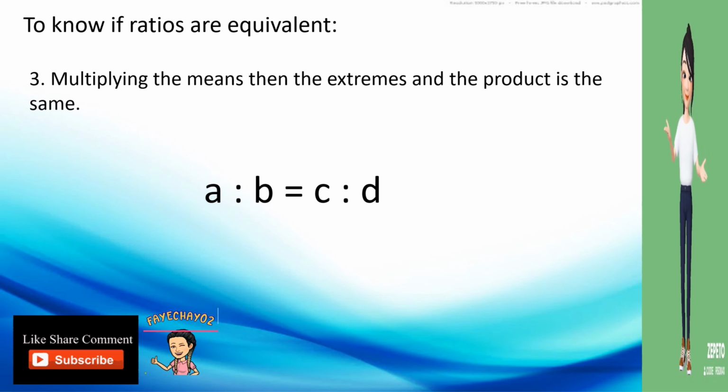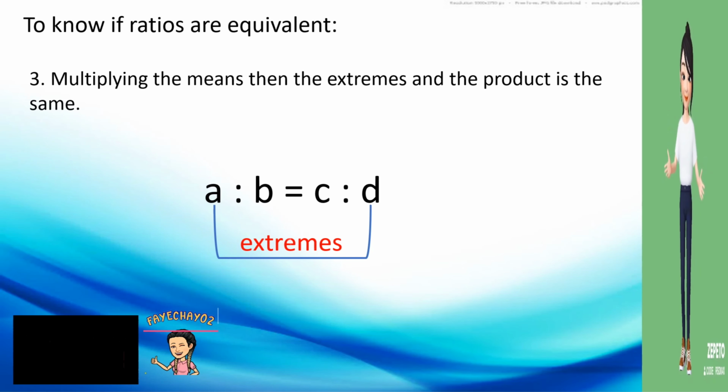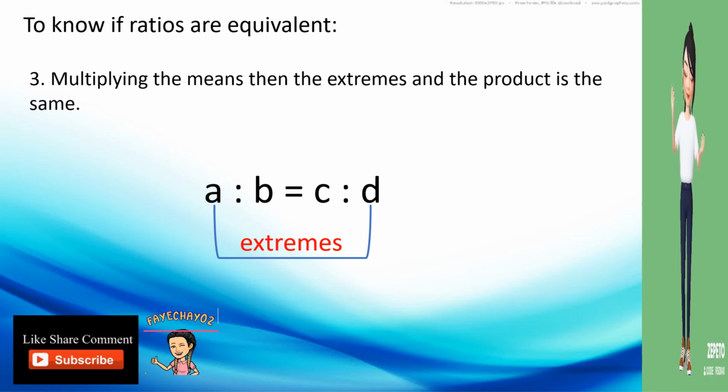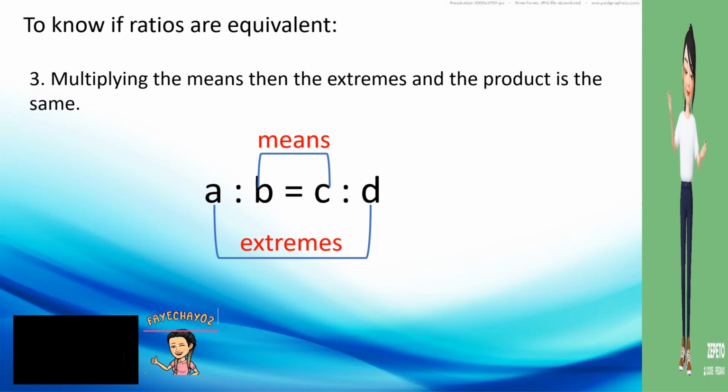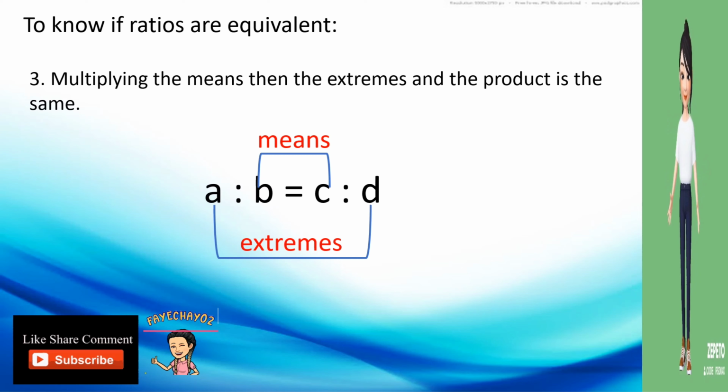So A and D we call the extremes. And the inner parts, B and C, we call the means. So always remember, the outer parts are the extremes and the inner parts are the means.